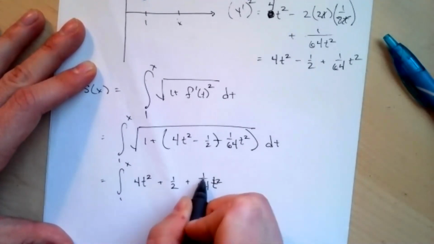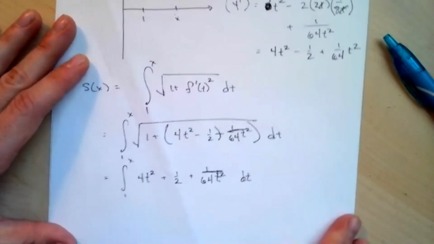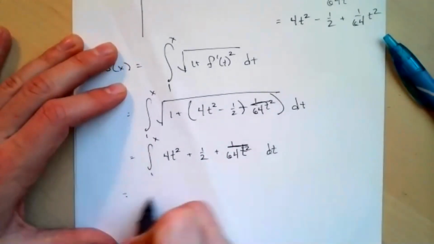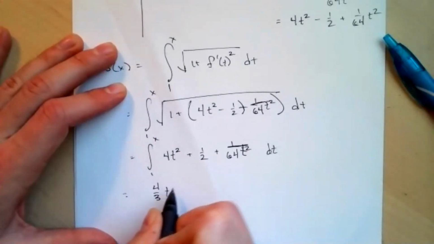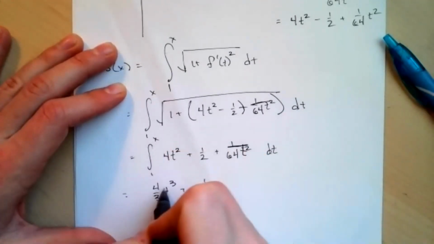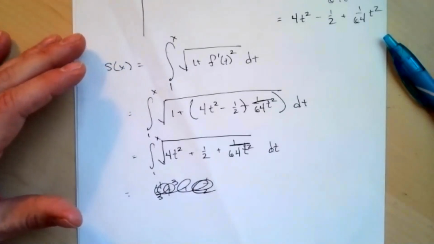Oop, t squared is in the denominator there, dt. And what do we do from here? Now we can integrate. So we just get 4/3 t cubed plus 1/2. What did I do? I missed my square root. I knew I skipped a step. I'm like, there should be some factoring involved. Sorry, forgot my square root. We do need to factor this.